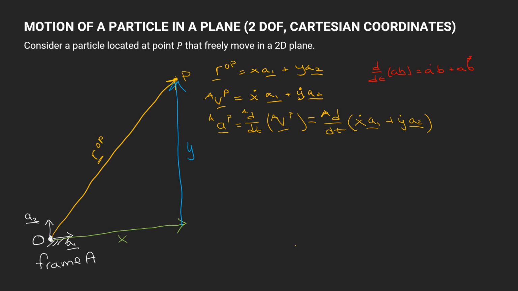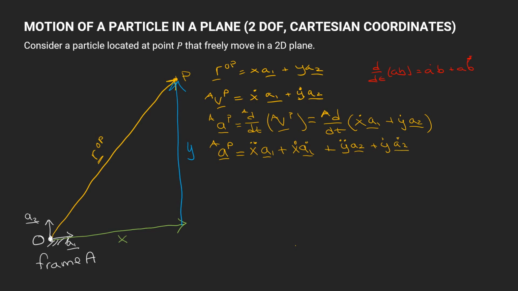And so with that, we can write out that the time derivative of x dot, which is x double dot times a1 plus x dot times a1 dot plus y double dot a2 plus y dot a2 dot.